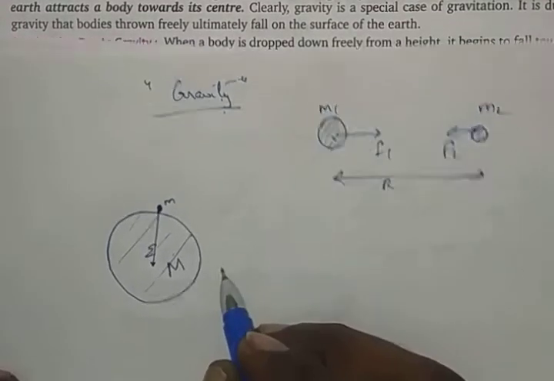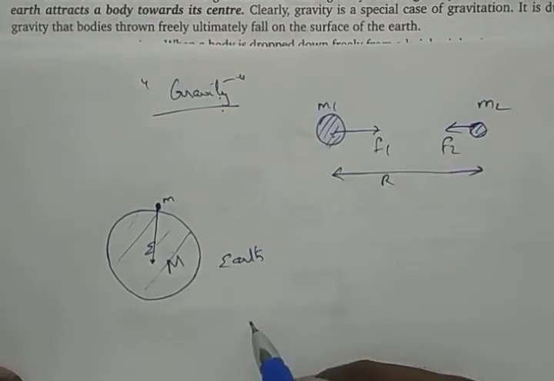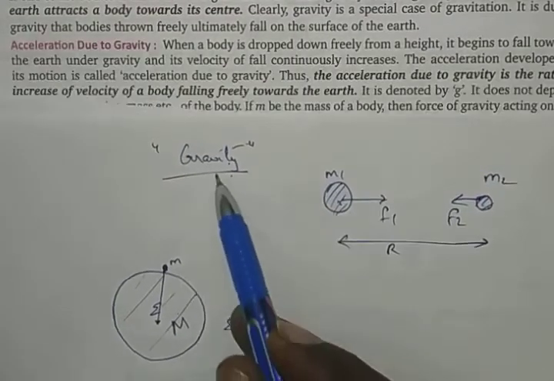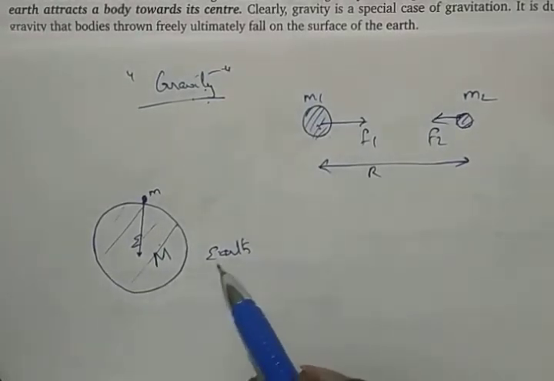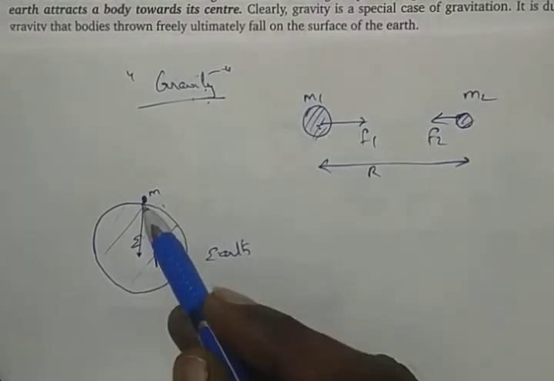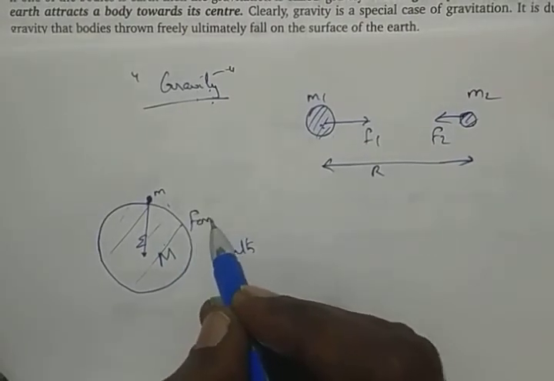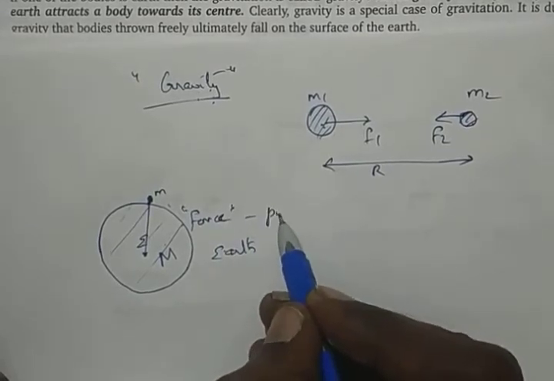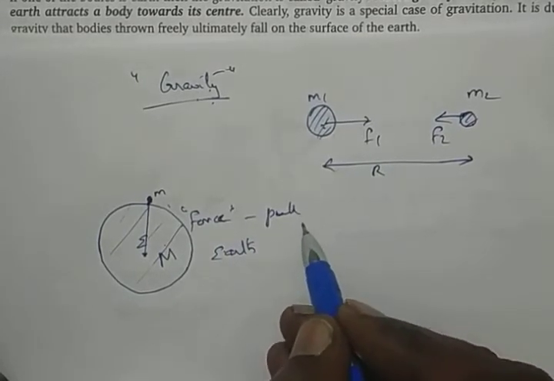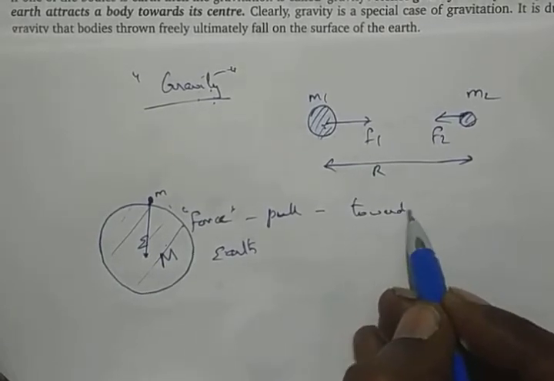Earth is the planet that we are all living on, so it is gravity due to Earth. If you go to the moon, it is gravity due to the moon, because any body on the surface will be pulled towards the center with a force. So gravity means force, and it is always a pulling force. It is an attractive force, and the direction is towards the center.